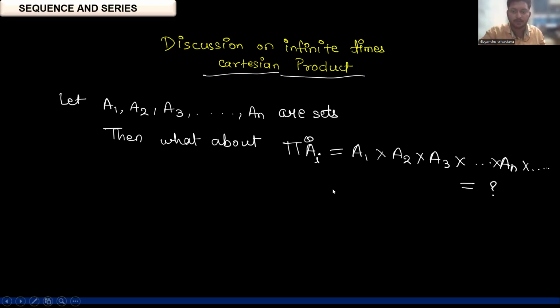Now, how does it behave? If you have the Cartesian product from i to infinity of Ai, then you first get this kind of observation.